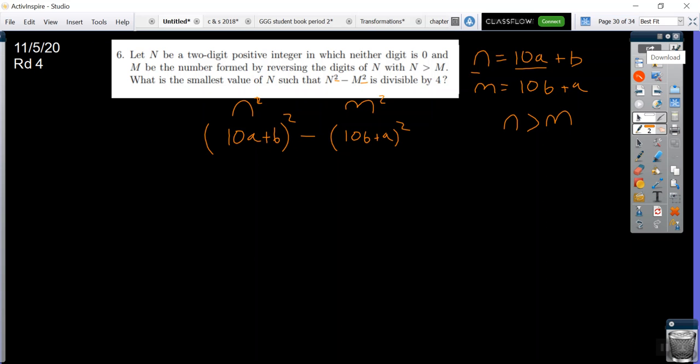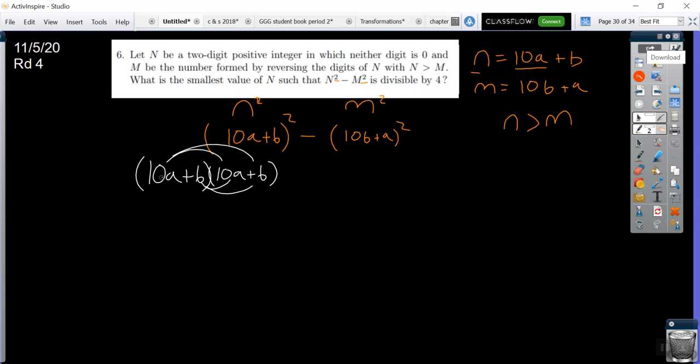Now, if I square something, it's just multiplying it by itself. So we are going to go ahead and multiply it by itself. To do that, I'm going to use some different colors. So we have 10a plus b times 10a plus b.